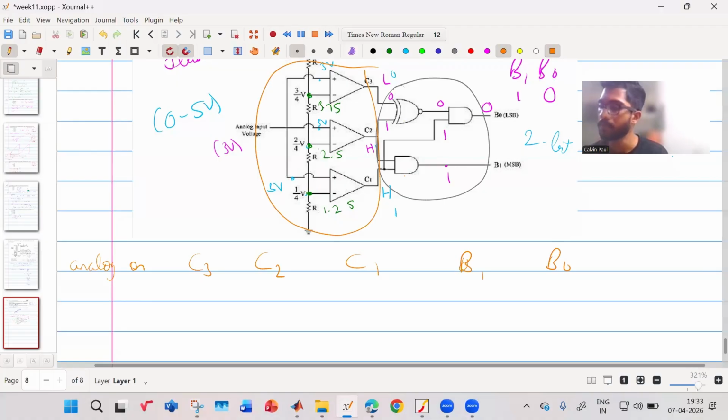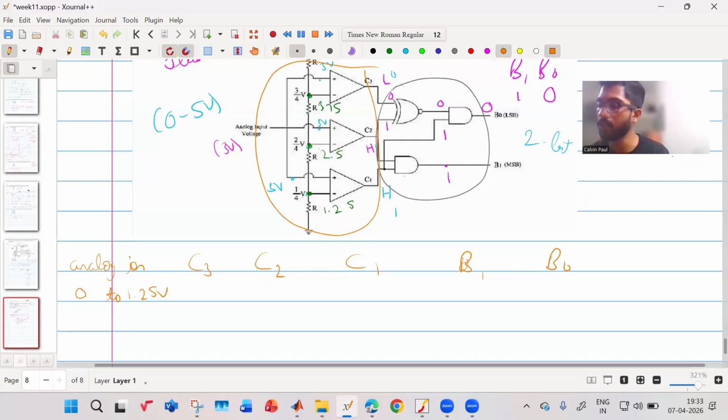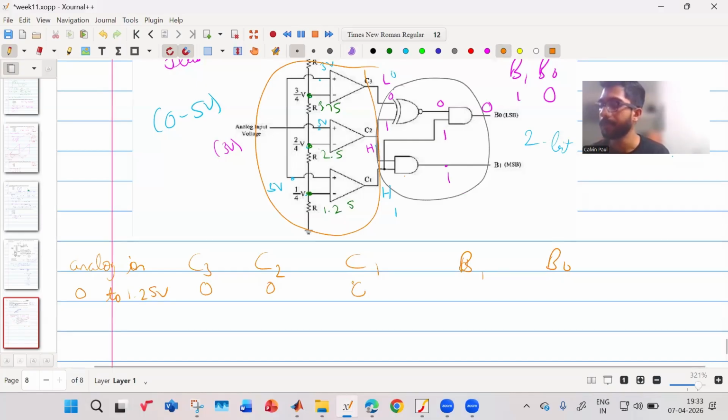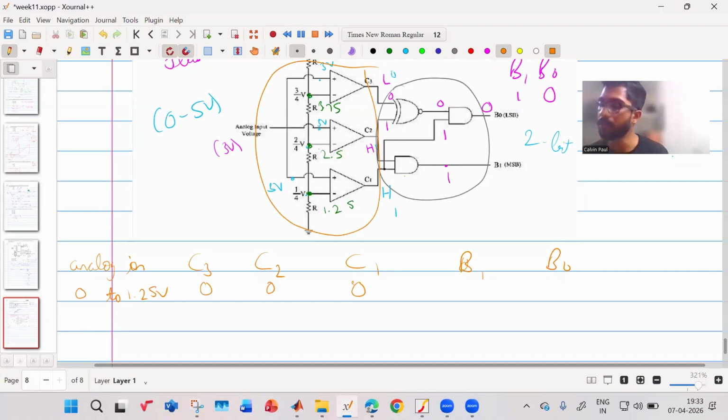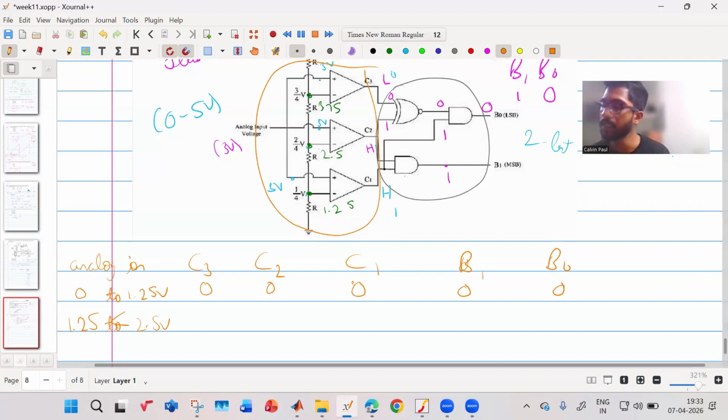Now, if your input is between 0 to 1.25 volt, then all these comparator outputs are 0 because everything is less than 1.25, and your B1, B0 also will be 0 and 0. But if it ranges between 1.25 to 2.5 volt, then C1 alone will be high. All the others are 0. Then your B1 should be 0 and B0 should be 1.